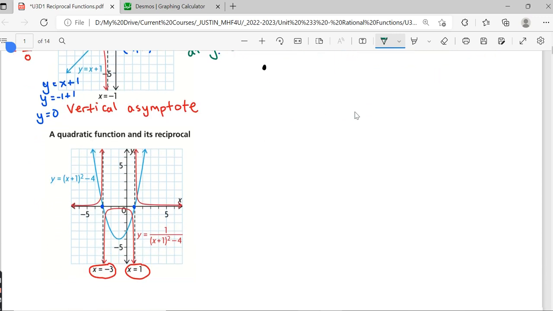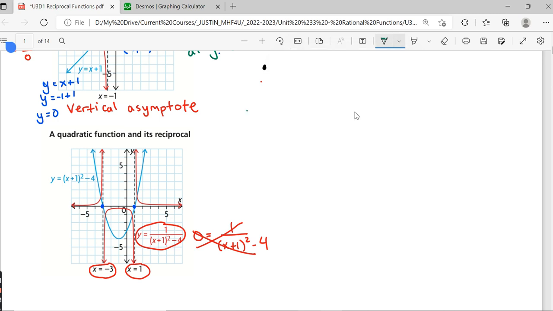The same thing would happen down here as well, okay? So you can see that if this is our reciprocal function, and I want the horizontal line, that's where y equals 0, I would get 0 is equal to 1 over (x plus 1) squared minus 4. So again, 1 divided by some number to give me 0, not possible.